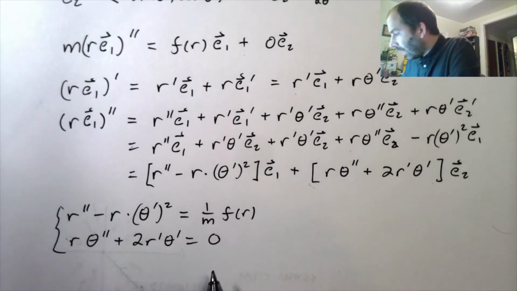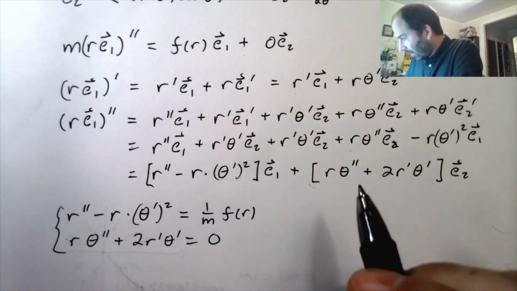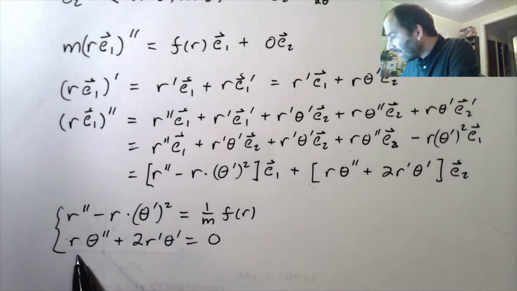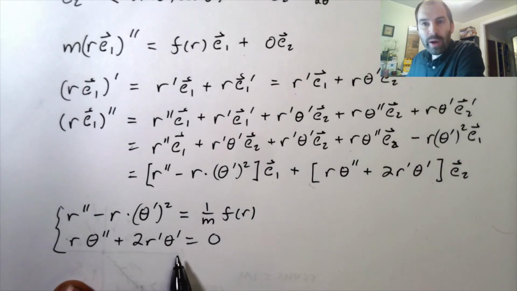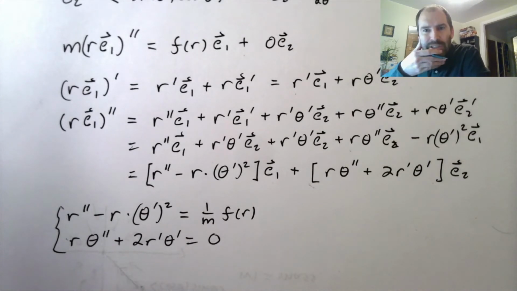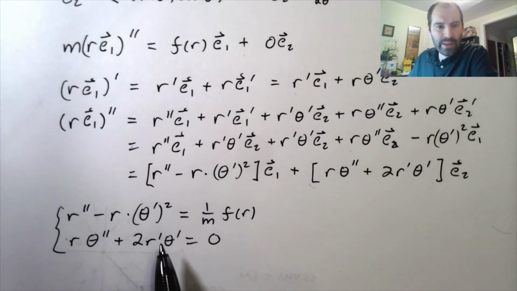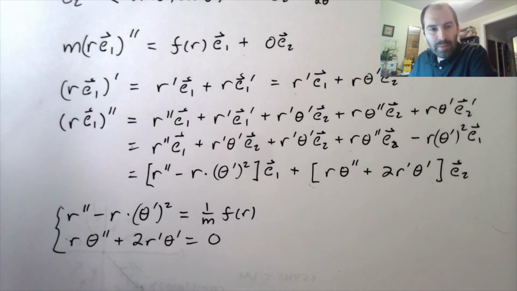Now, what can we do with this? Well, if we look at the second equation, if you just look at that for a while, so this is where you just kind of sit here and look at this and scratch your head and think about it, you'll see that this is actually the derivative of, what is this?